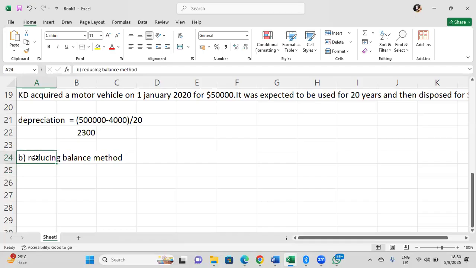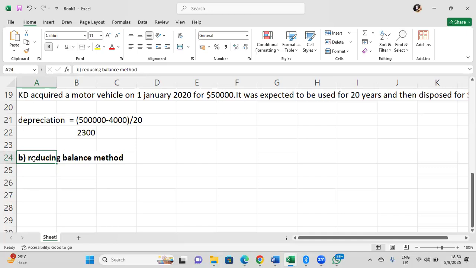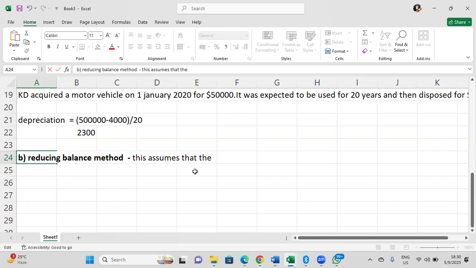For the straight line, the asset depreciates by the same amount. But the reducing balance method assumes that the asset loses value by a greater amount when it is still new than when it is old.